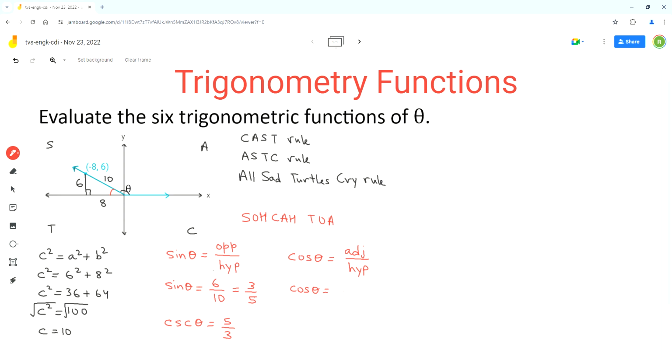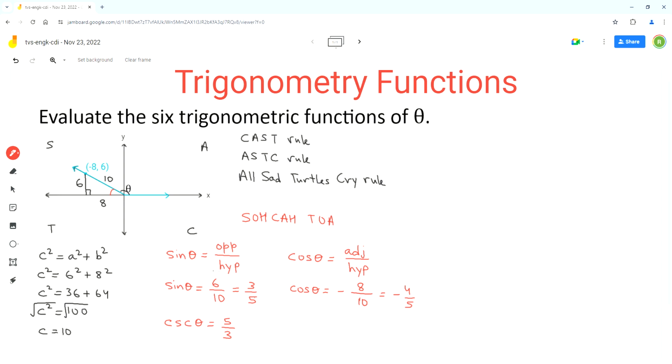So we'll put a negative sign. The length of the adjacent side for the red angle in the triangle is 8. And the length of the hypotenuse is 10. We can reduce this fraction by dividing 8 and 10 by 2. I get negative 4 over 5. So this is the value of cos theta for the given point.